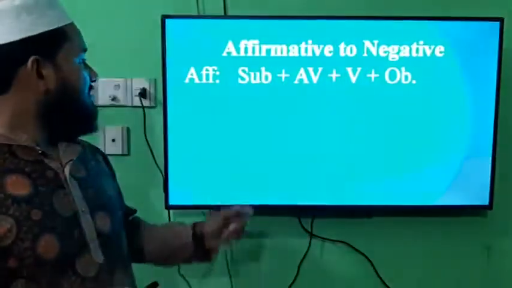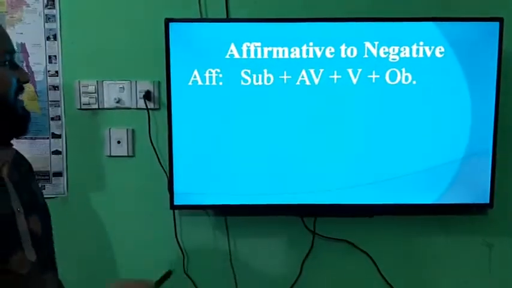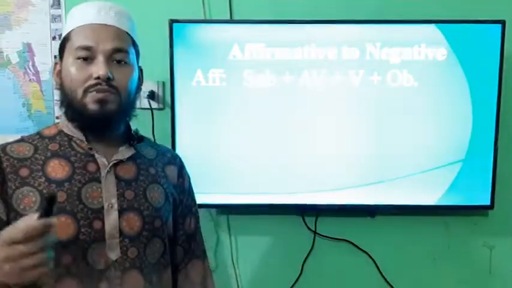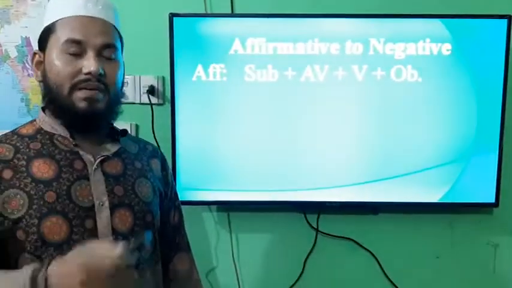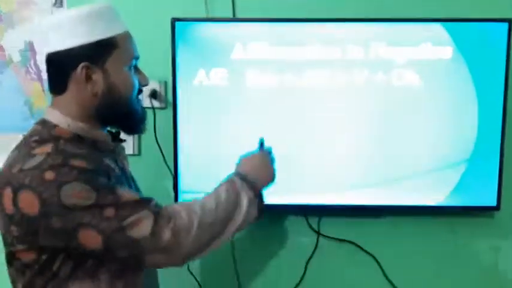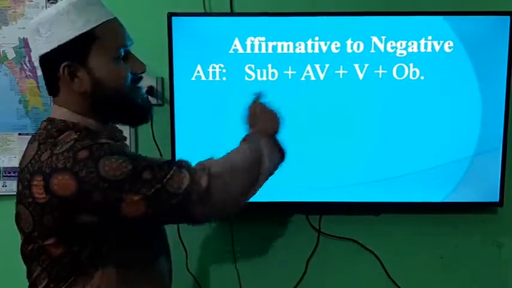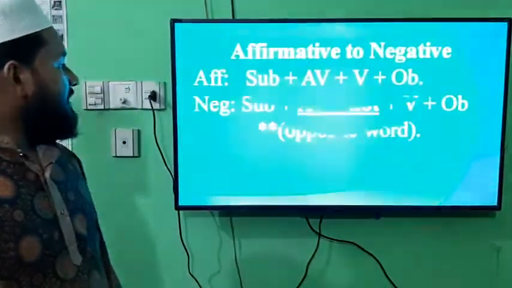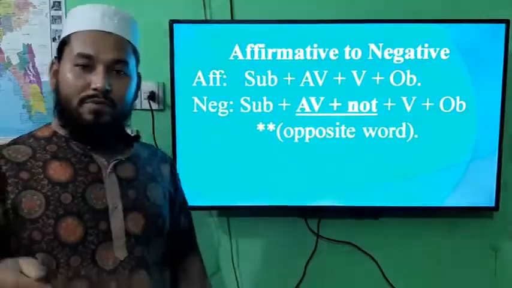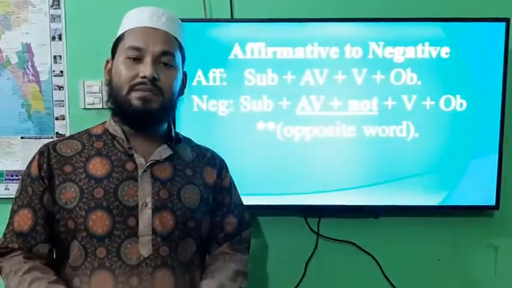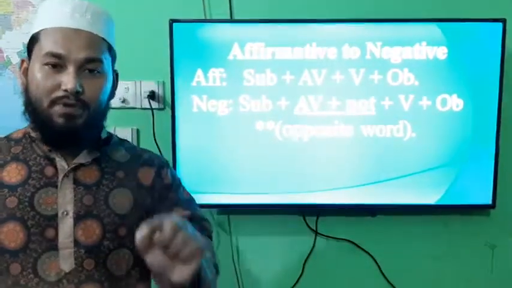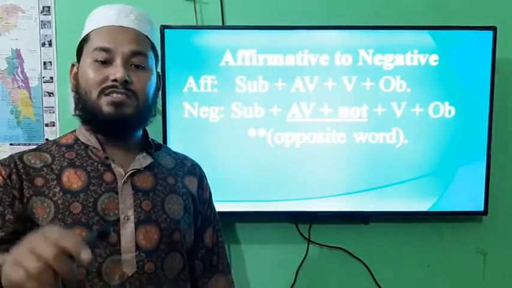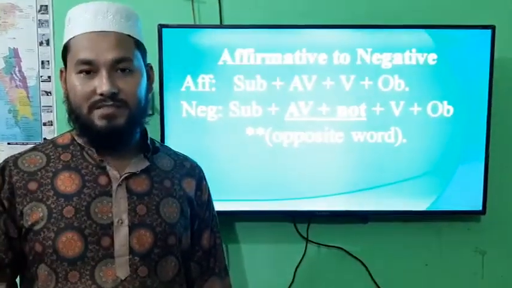At first, think about affirmative. There is an affirmative structure. In an affirmative sentence, we will most probably get this kind of structure: subject, auxiliary verb, verb and object. Okay. Next, negative. If you want to make a sentence negative, that time we have to input a negative or a not in the sentence.